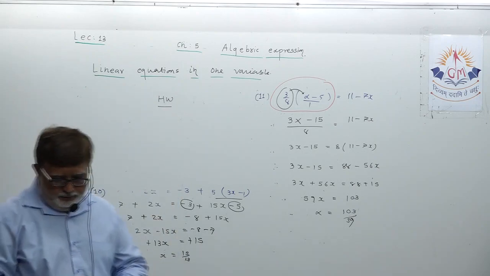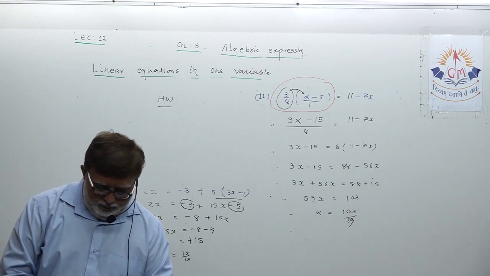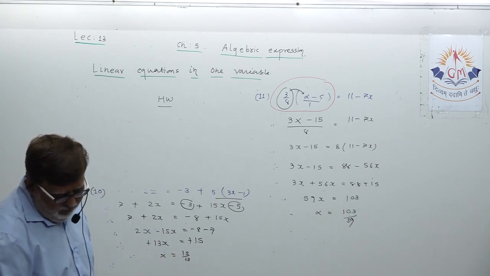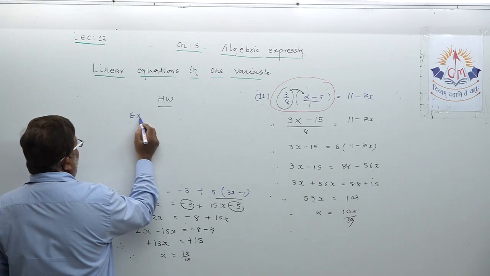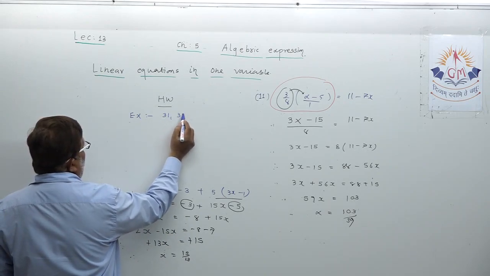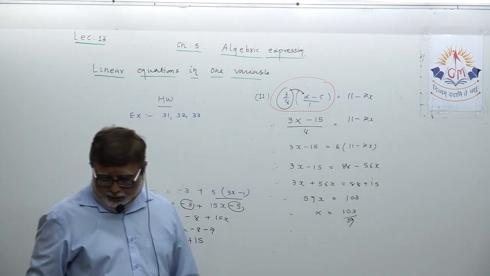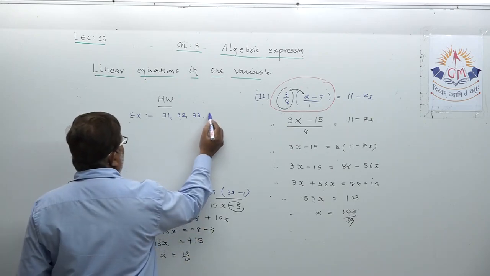What is that? So you will do example numbers 31, 32, 33, as well as 34, which I have already solved for you.